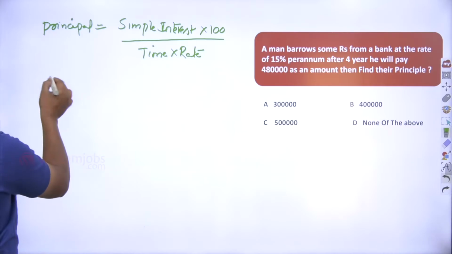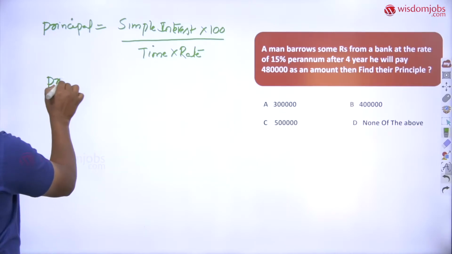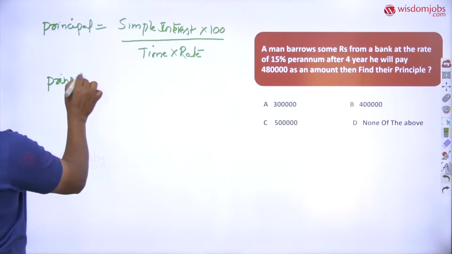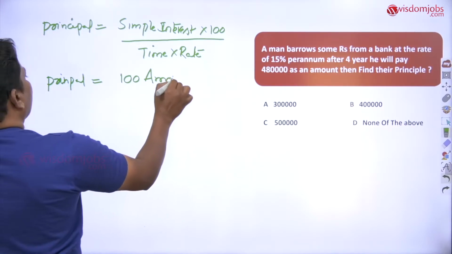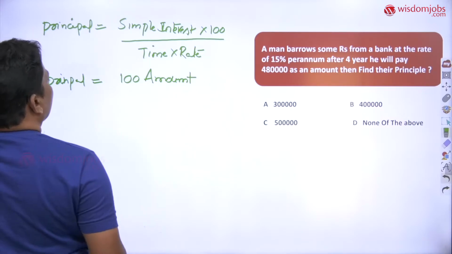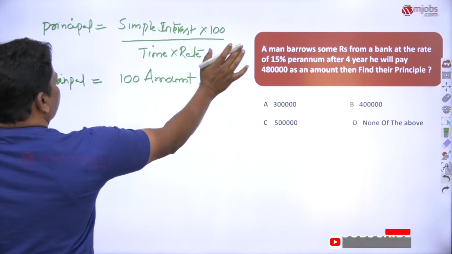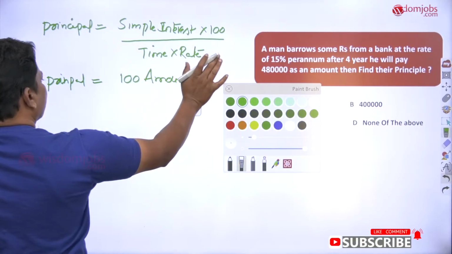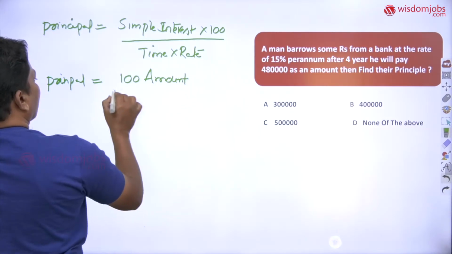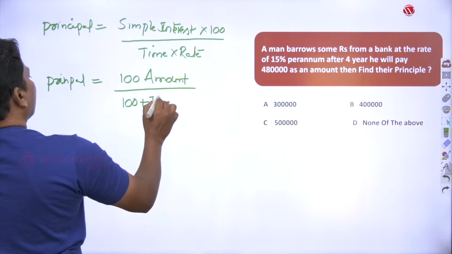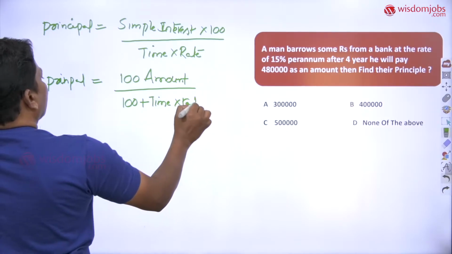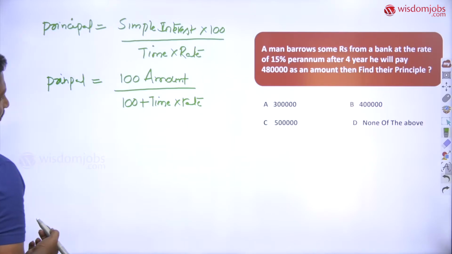There is one more formula for principal: principal equals 100 into amount by 100 plus time into rate. So that is one more formula, dear students.